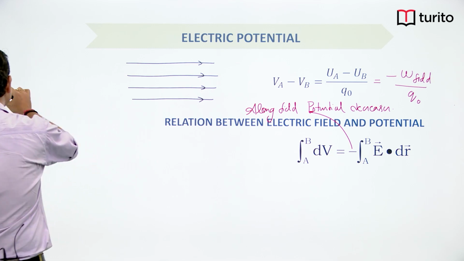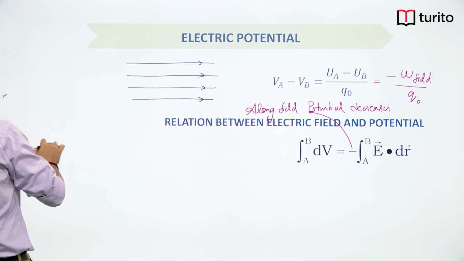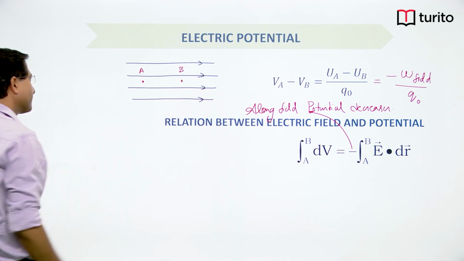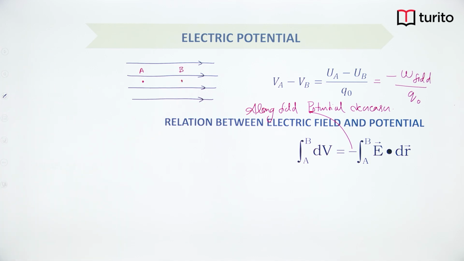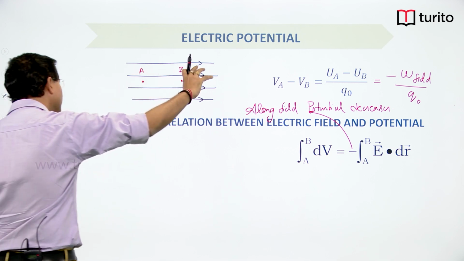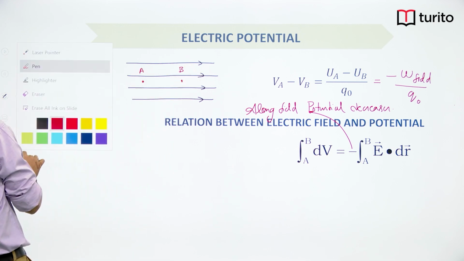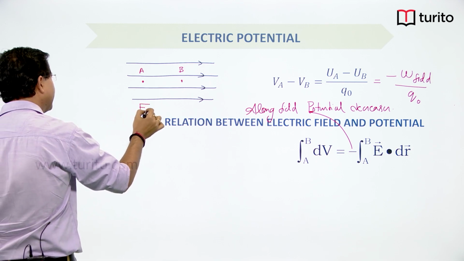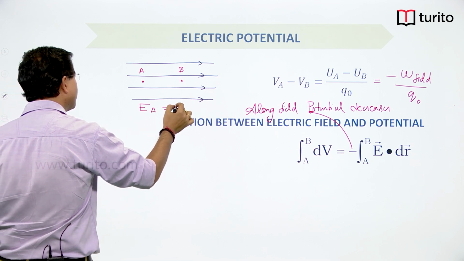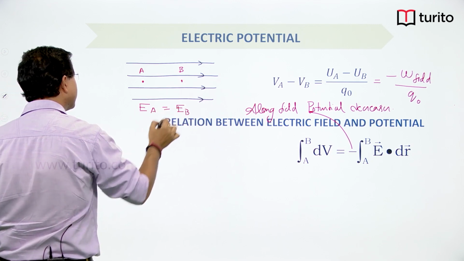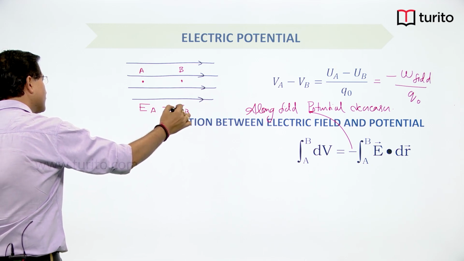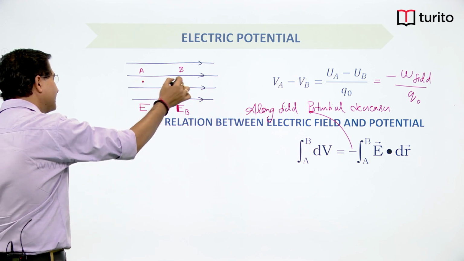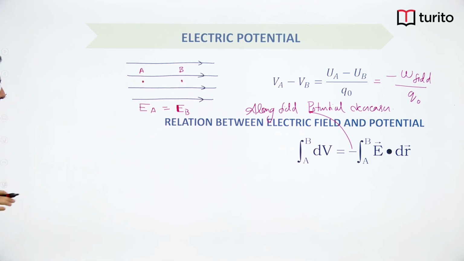So, if I take 2 points, say point A somewhere here and point B somewhere here, as the field is uniform, I can easily say that field at A is equal to field at B. I am talking about the magnitude. So, magnitude of field at A is equal to magnitude of field at B.